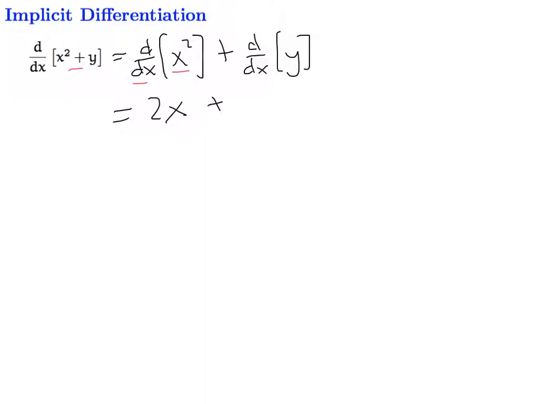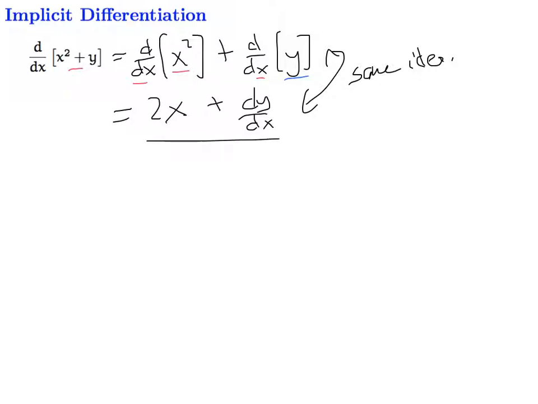In the last case, since the variables disagree, we can't use our theorem here. Instead, this is just going to become the derivative of y with respect to x, because these things mean the exact same thing. So this is the same idea. We're going to take the derivative, but we don't know what the function is. And then this will just be our answer.